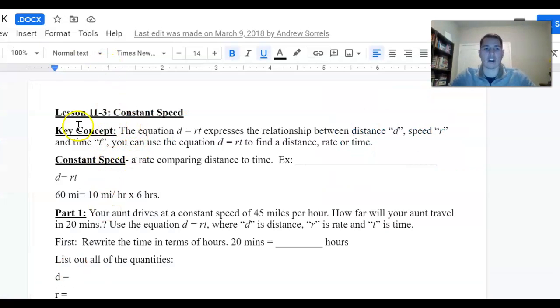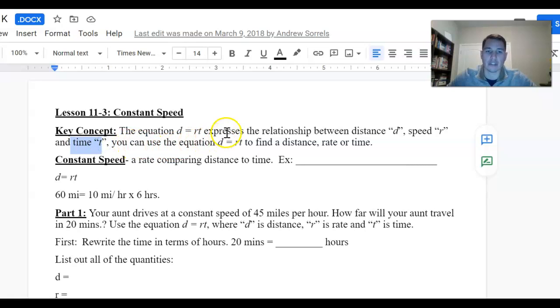Getting started here on lesson 11-3, constant speed. Our key concept is the equation D equals R times T expresses the relationship between the distance, which is D, speed, which is R, and T, which is the time.